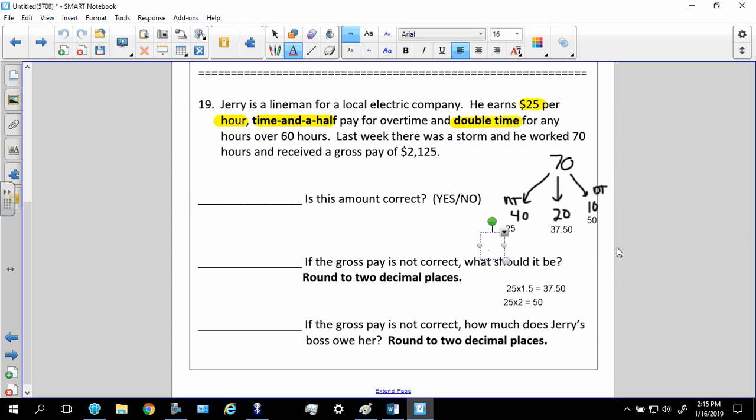So very simply, what I'm going to do is multiply all these little branches here. First thing I'm going to do is 40 times 25. I'm going to get a number, and I'm going to add that number to 20 hours of OT times 37.50, and then I'm going to add that to 50 times 10.